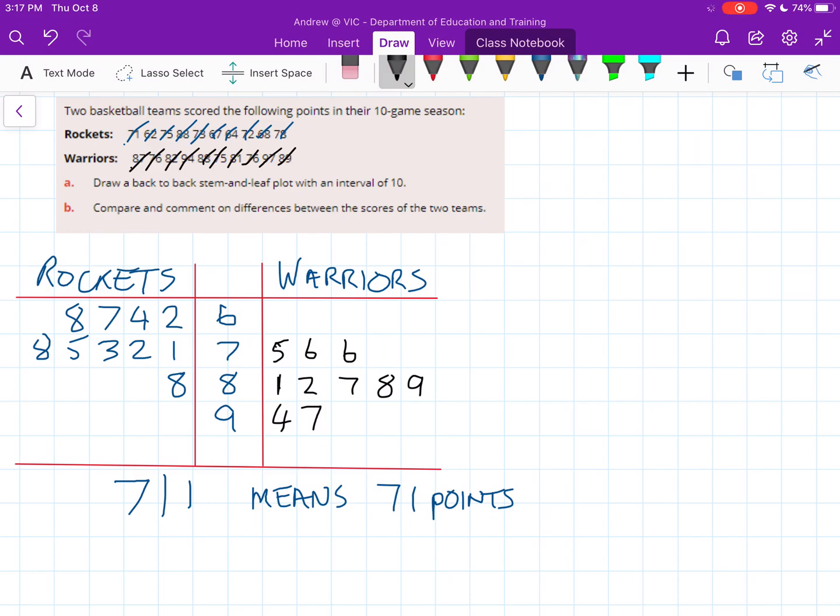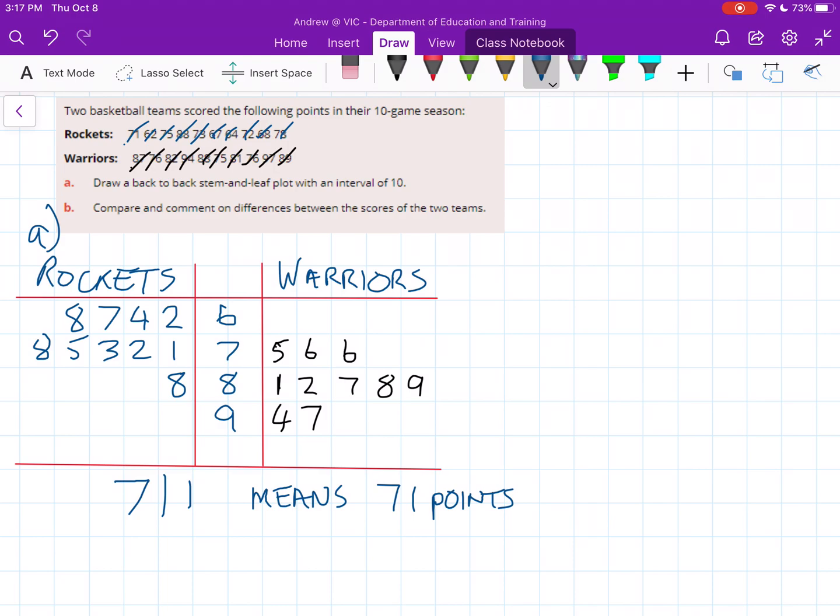So this is our part A done, drawing a stem and leaf plot with an interval of 10. An interval of 10 just means that we've got the 60s, then the 70s, then the 80s, then the 90s. It just means that there's 10 between each stem. So this is how we make this.